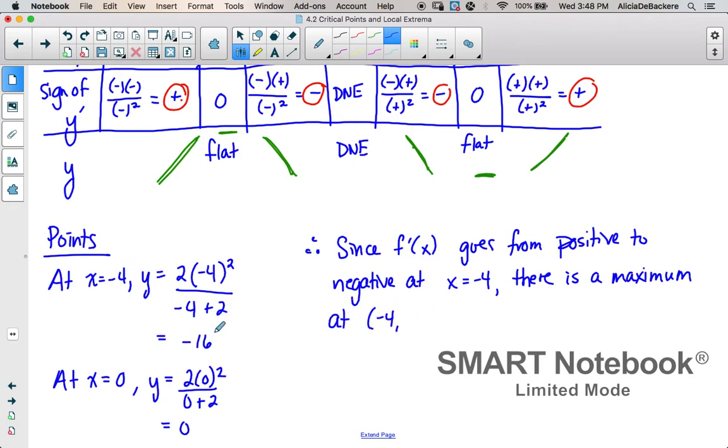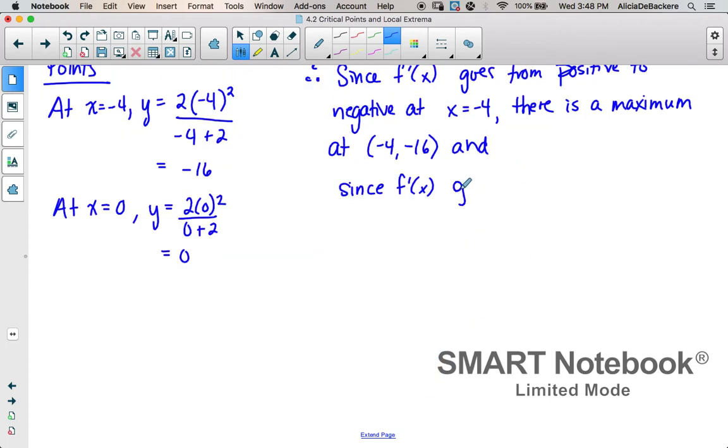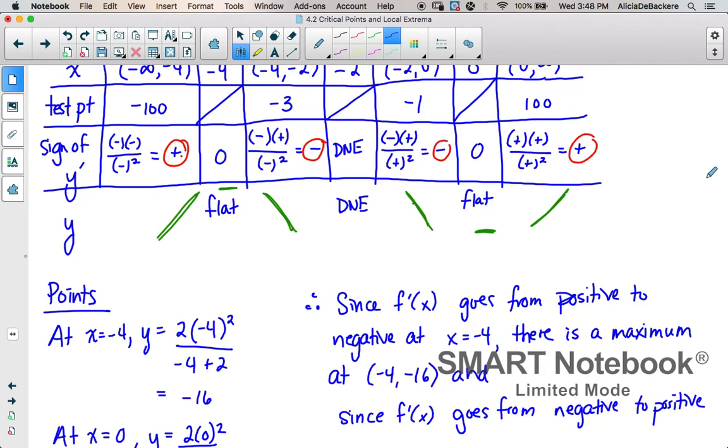And I'll grab my y value over here, it's -16. Then looking at my next one, I'm moving from negative to positive, so that's going to be a minimum on my graph.